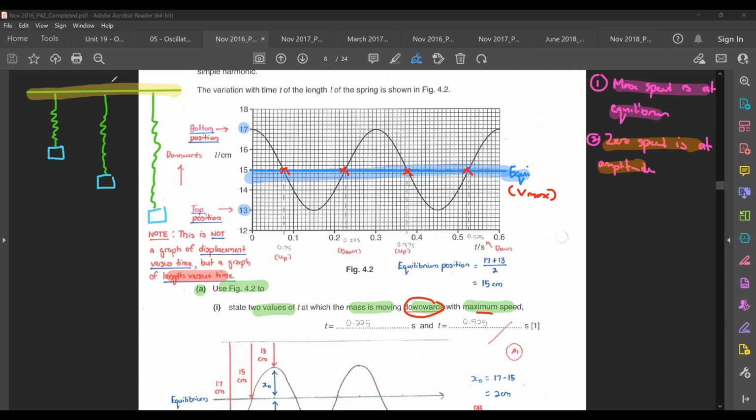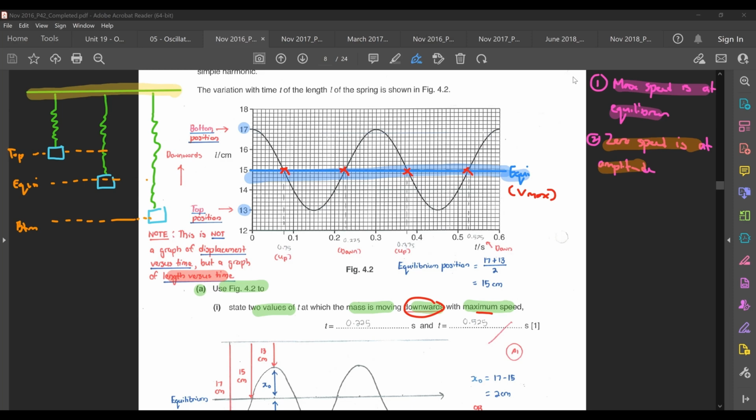So say right now, let me just try and draw it out again. This one here being equilibrium. This one here being the top position, and this bottom. This one here being your top. This one here being your equilibrium. Okay, so these are the relative positions of everything. So think about it.